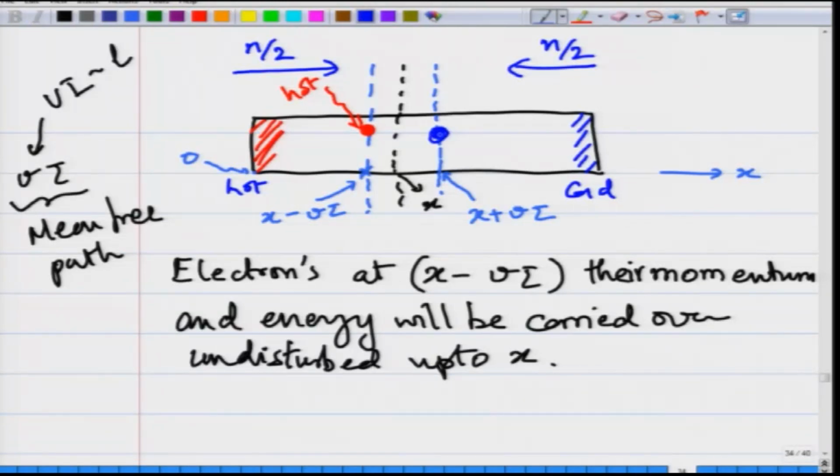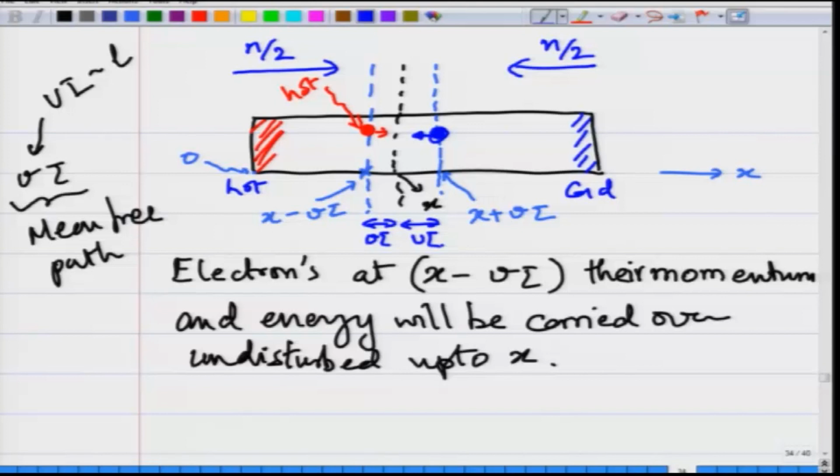The electron which is going to approach this point x is going to be a cold electron which is at x plus v times tau, and whatever will be its momentum and energy will be continued as it moves up to x, because both of these distances are within the mean free path, v times tau and v times tau.